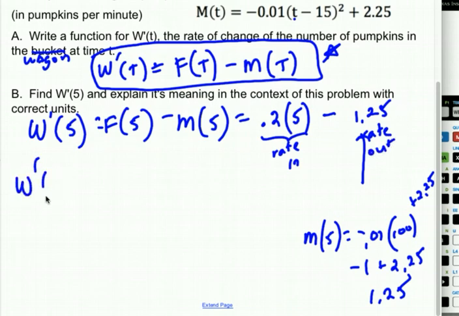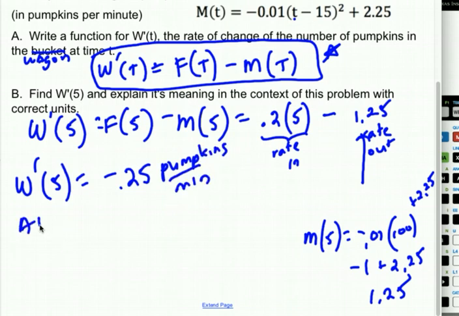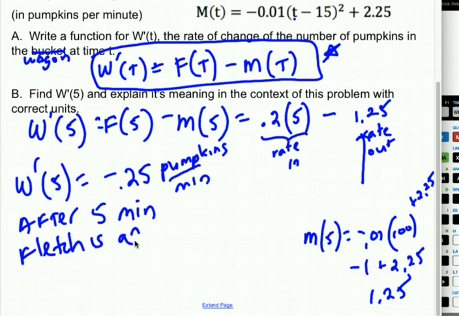So w prime of 5 is going to be negative 0.25 pumpkins per minute. So after 5 minutes, if you're asked to explain the context, essentially Fletcher is adding 1 pumpkin per minute.